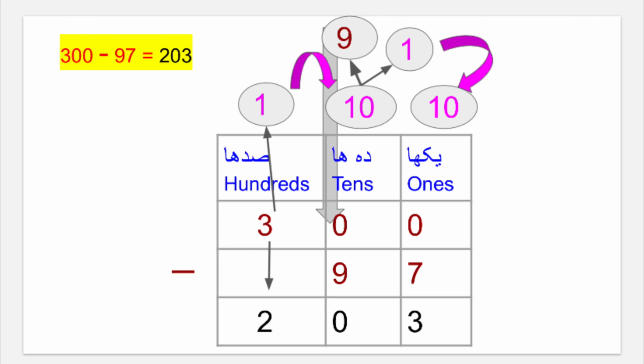We should take it from 0, but we cannot do it because 7 is more than 0. So what is the solution? The solution is we should take numbers from bigger digits. If you take a look in the tens, we have 0 there too. We cannot do anything with 0, so we go into the hundreds.